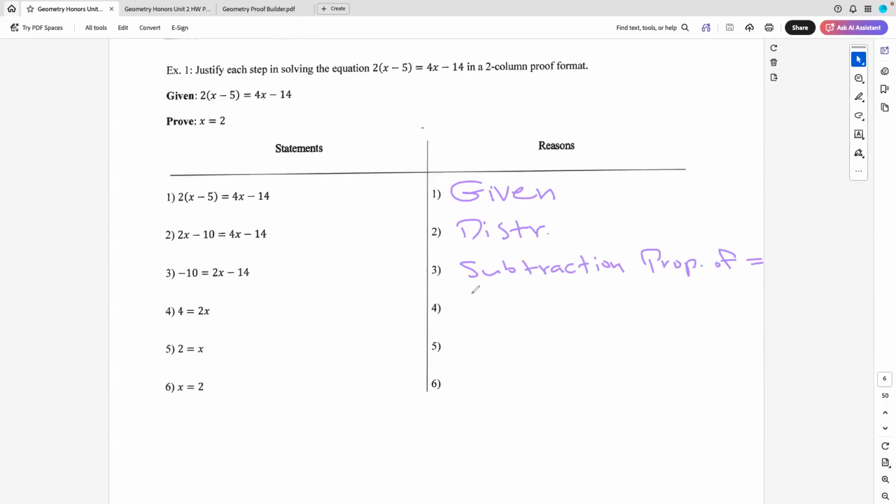Then it looks like I did more. Because I had to subtract 2x here, but here I'm adding 14. So that's addition property of equality. Then it looks like I divide by 2. Division property.